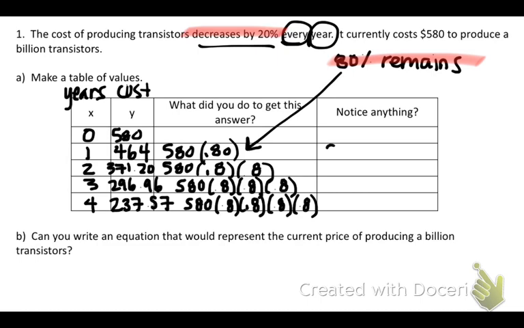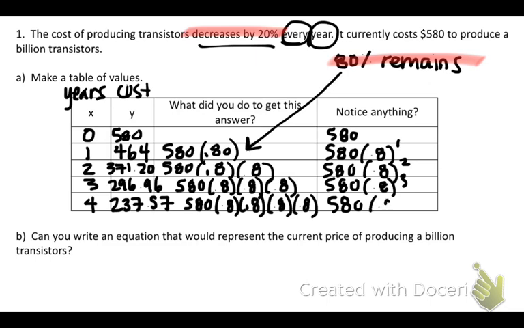You'll notice that we always started with the 580, the starting 580, and then we multiplied it by 0.8, however many years have gone by. So in the first case, only 1 year had gone by. In the second case, we had to multiply by 0.8 2 times, so it's like an exponent of 2. 580 times 0.8 3 times. It's the same exact type of equation as we had yesterday.